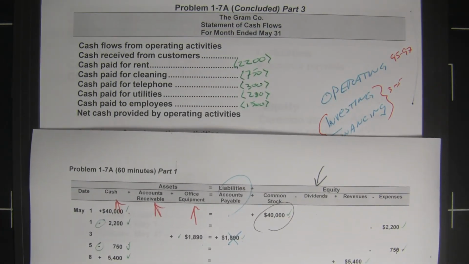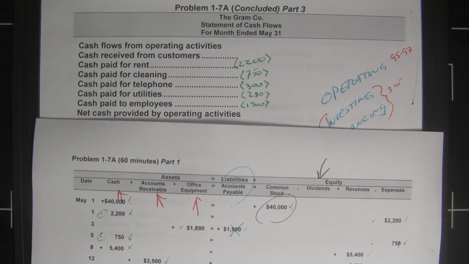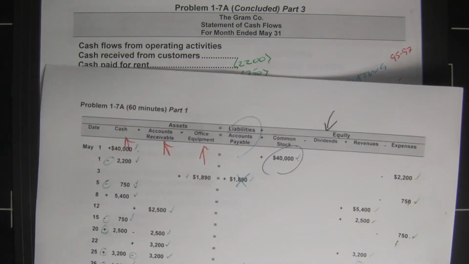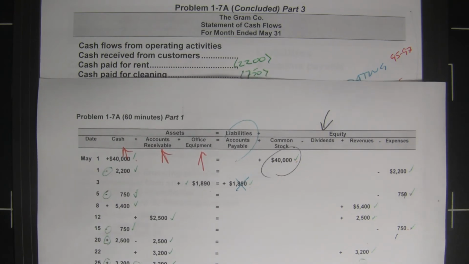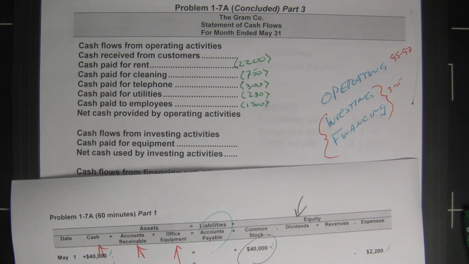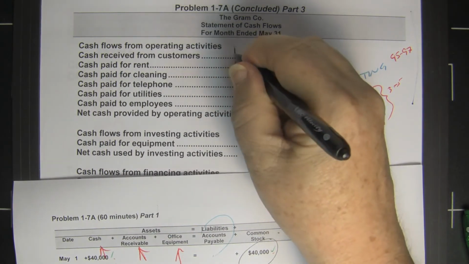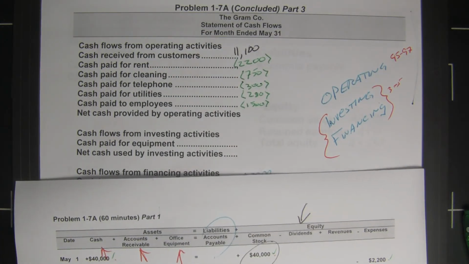And cash received from operating activities, that's cash received from customers. So we have to go through and we can add that up. And altogether it comes to $11,100 in cash received from customers.